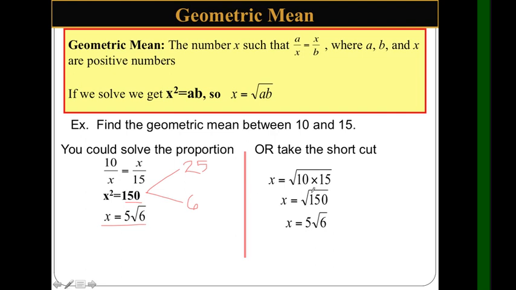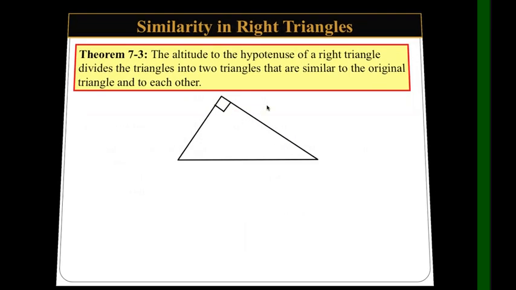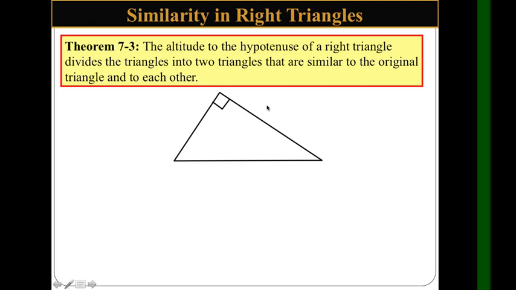The same thing will be the answer if you use the formula, so same lang. Now, the altitude to the hypotenuse of a right triangle divides the triangle into two triangles that are similar to the original triangle and to each other.